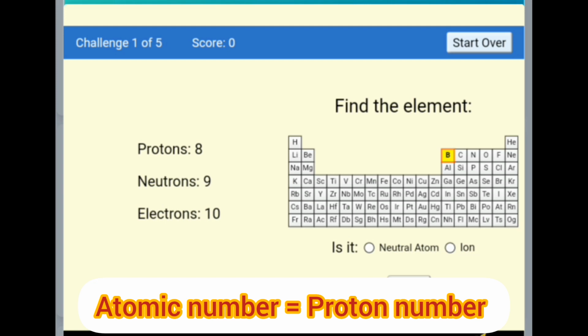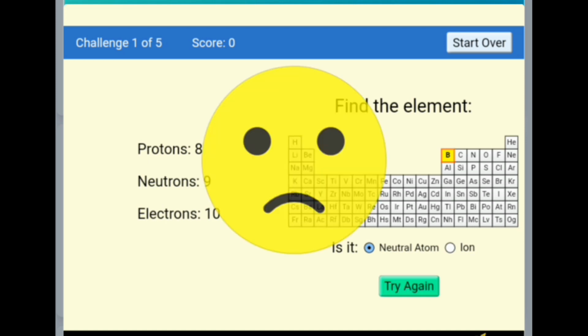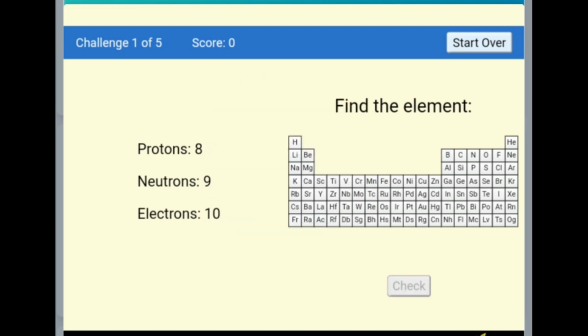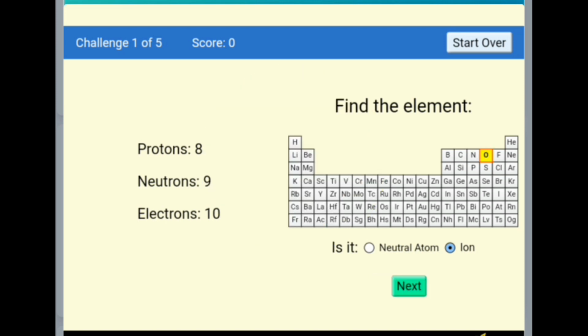Element number 8. So you start from hydrogen, helium, lithium, beryllium, boron, carbon, nitrogen, then oxygen, right? So you now let us know, if it is element oxygen, then is it neutral or is it negative? So you can see the answer.